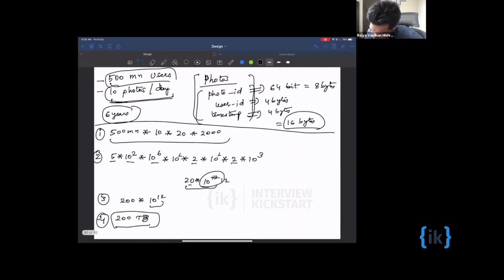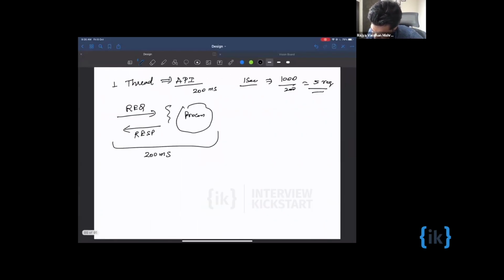I hope you remember this part. Maybe I'll refresh it again. We know that one thread is serving one API, and let's say it is taking 100 milliseconds. The request comes to the thread, it accepts the request, does some background processing, and then serves the response.